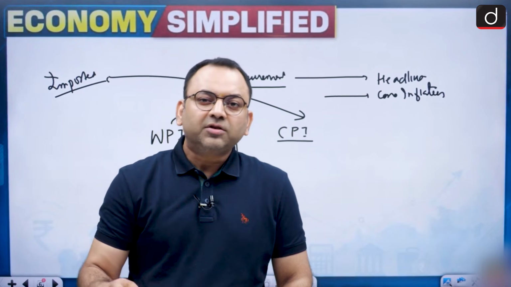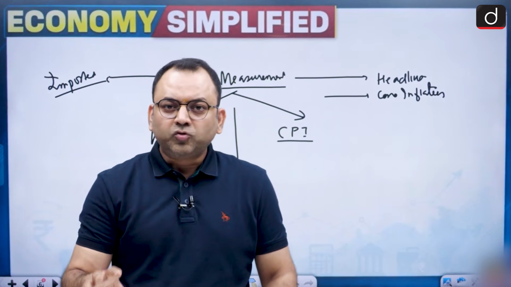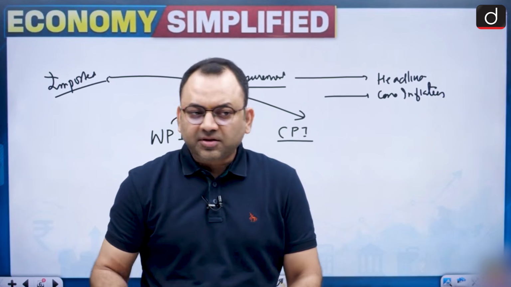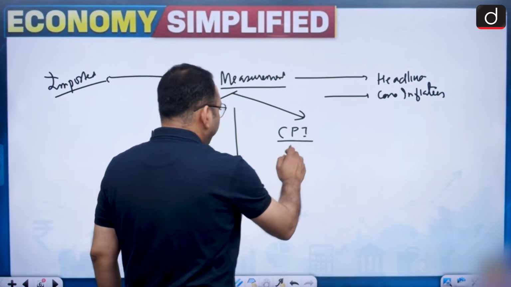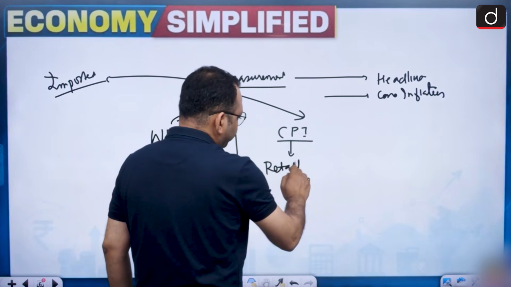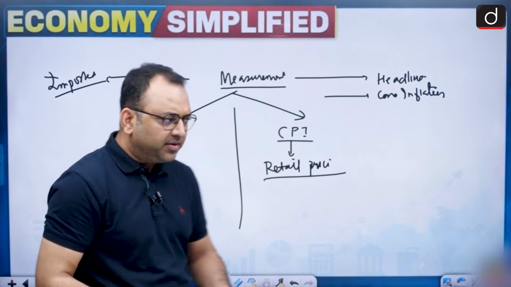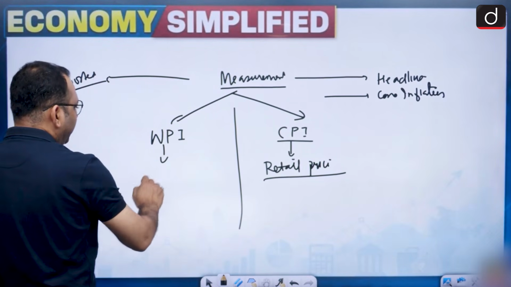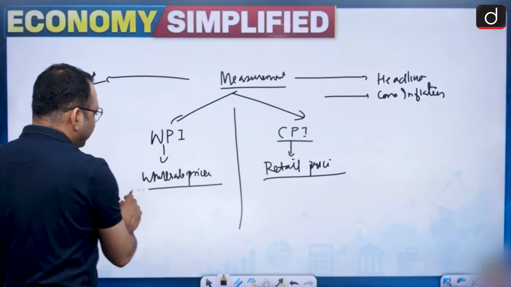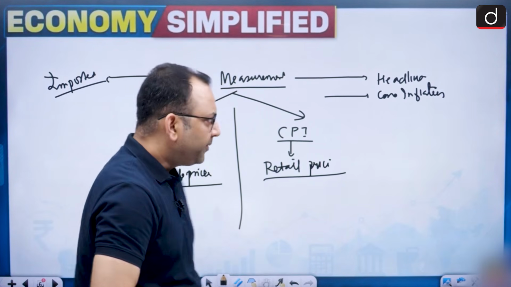When we measure the price change of goods and services at the consumer level, the retail level, this is measured by the consumer price index. This index measures the change in retail prices, and that one measures the change in wholesale prices, right? So wholesale prices are measured by WPI, retail by CPI.